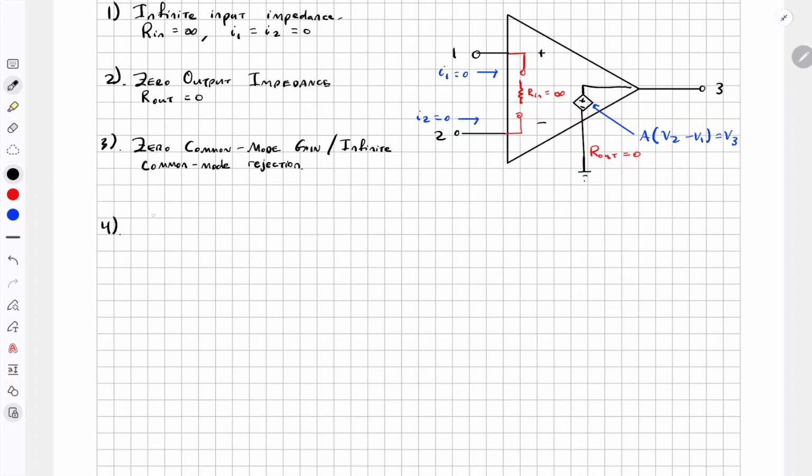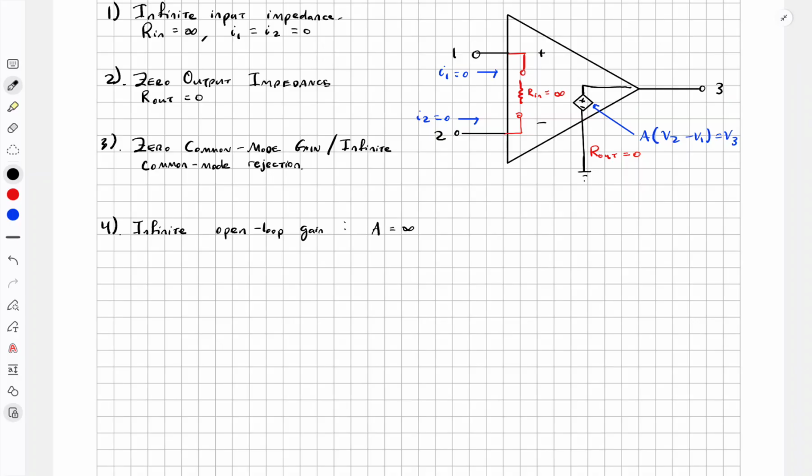The fourth assumption for an ideal op-amp is that there is infinite open loop gain. This is self-explanatory: A is equal to infinity. Actually, now we will talk about the name for A, the amplification.